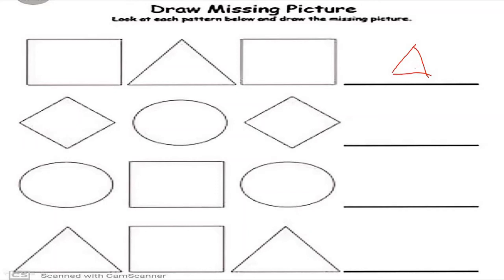So you have to practice this in your notebook. Okay. Now after observing this pattern, we can say that circle comes. Okay. Again circle, rectangle, circle. Which shape will come? Yes, rectangle will come. Okay. Triangle, rectangle, triangle and a rectangle. Okay.